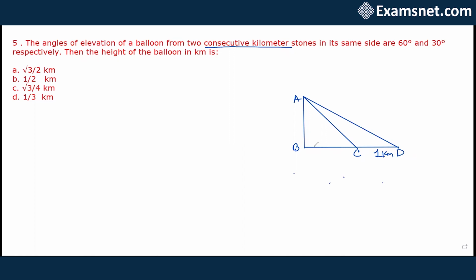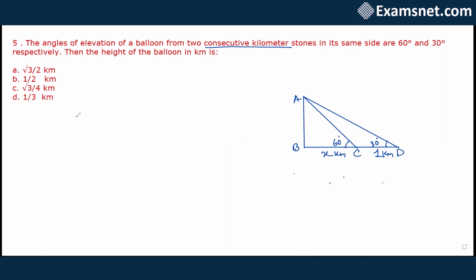And let's say the distance between BC is X kilometer. And we are required to find the height of AB. Here also the angle of elevation, the first is 60 degree and the next one is 30 degree.